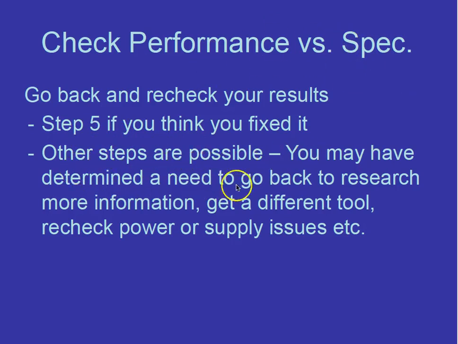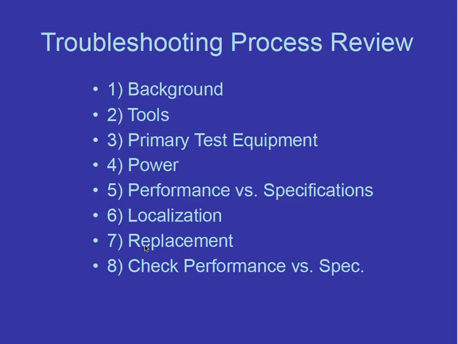You may have determined a need to go back to research more information, get a different tool, recheck power or supply issues, etc. So you go back to the fifth step and recheck the results you got. Okay, so performance versus specification, then you do this localization and see if you have to do the replacement or not.